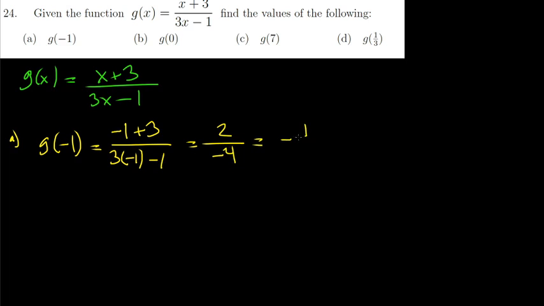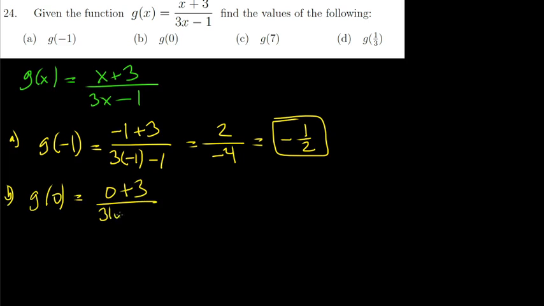But that reduces to negative 1/2. For part B, g of 0, so this is going to be 0 plus 3 over 3 times 0 minus 1. So that's just 3 over negative 1, or negative 3.